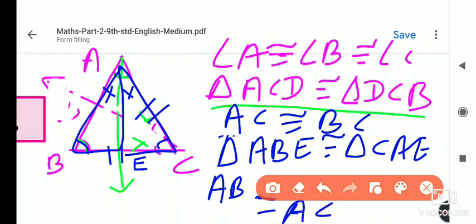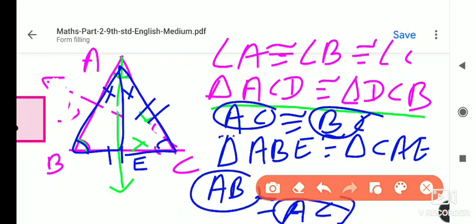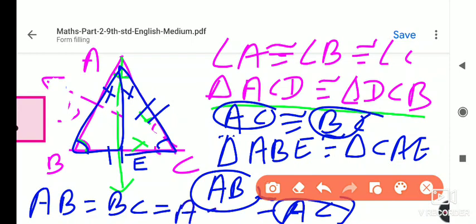Okay. So here AC is congruent to BC, and here AC is congruent to AB, means AB is equal to BC is equal to AC. In that way you can show these three sides are also congruent to each other.